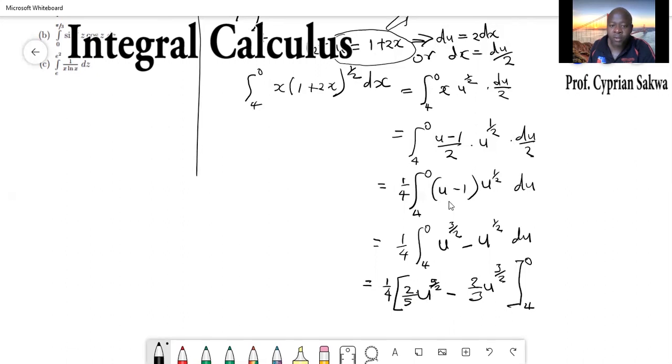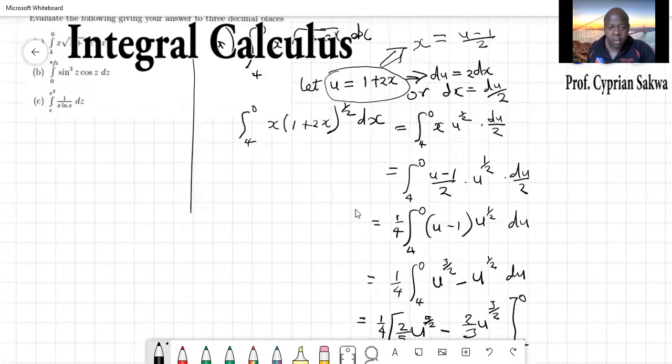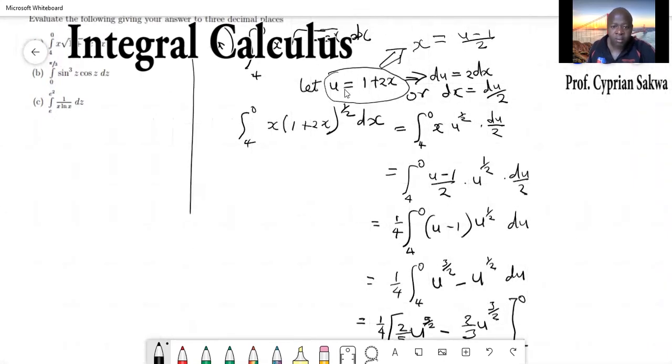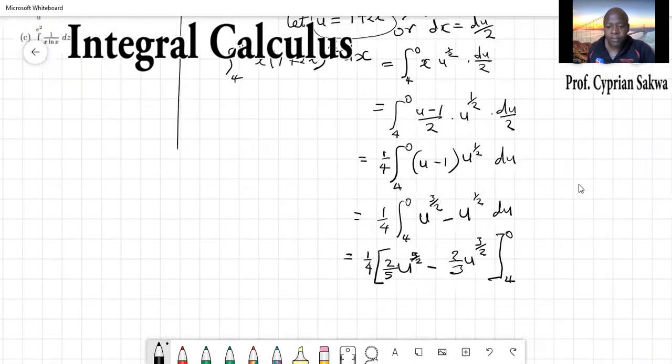The equivalent of u was 1 plus 2x. You can see it here, that was our u, 1 plus 2x. So while there is u in this equation, we'll be writing 1 plus 2x. So let's just do that.